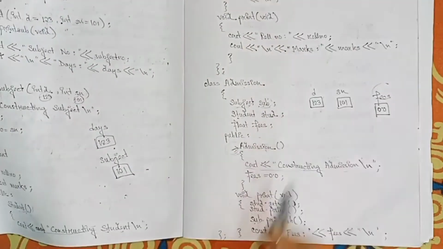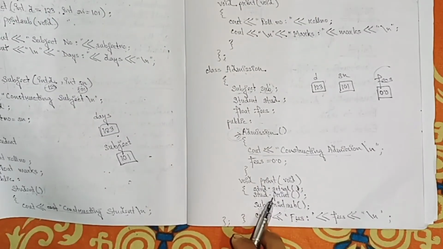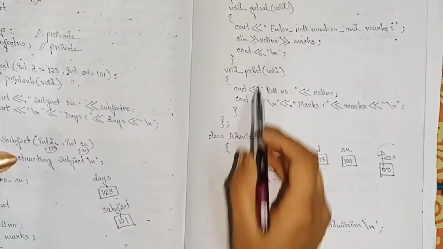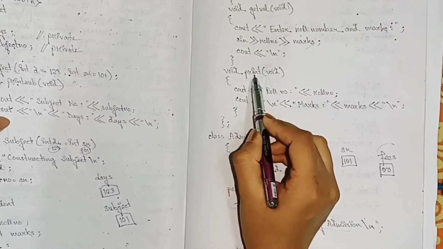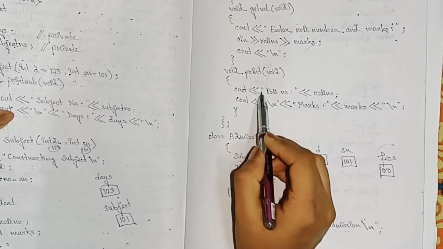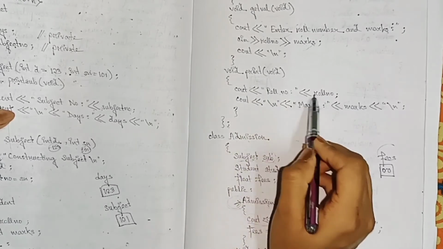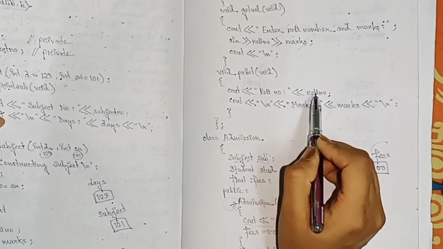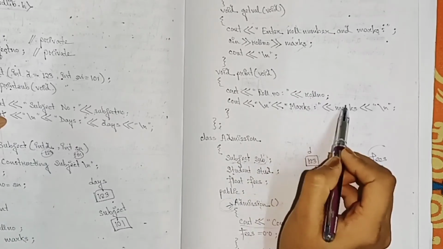Now this particular function definition is over. Again it will come here and it is finding stud.print. So it will invoke the print member function of the student, and what is written? Roll number. This will display the value stored in roll number, and marks, it will display the marks stored under marks.